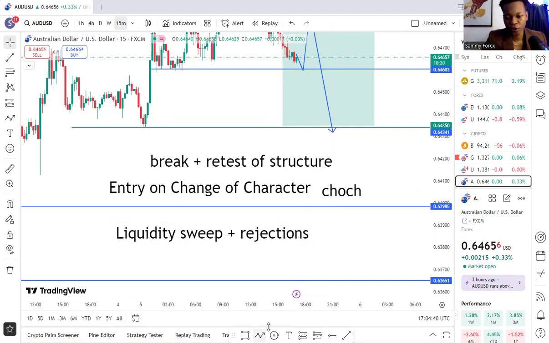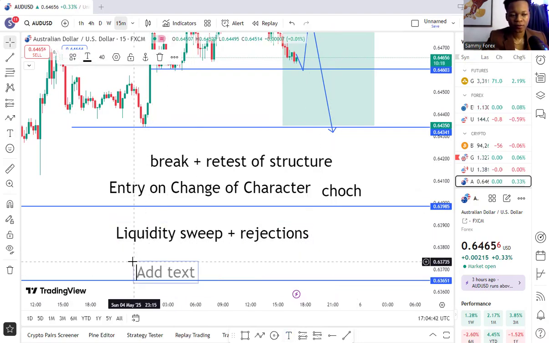So the fourth one here, which I have as lower time frame reversal inside higher time frame zone. I'm going to explain this for you.